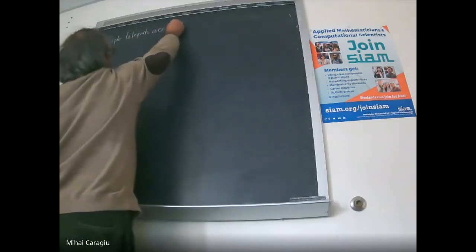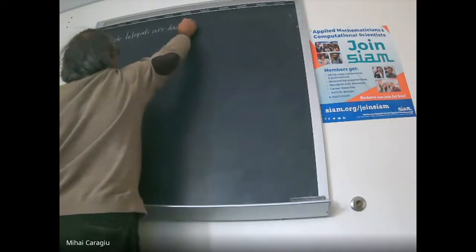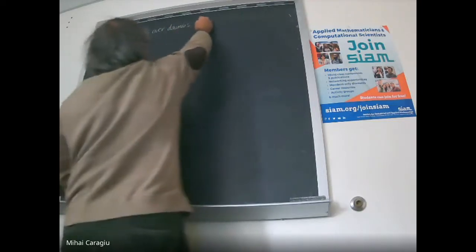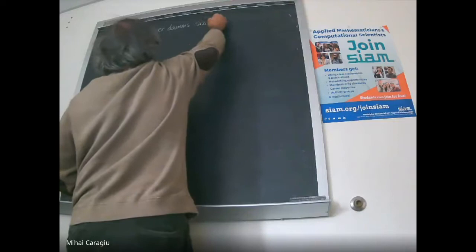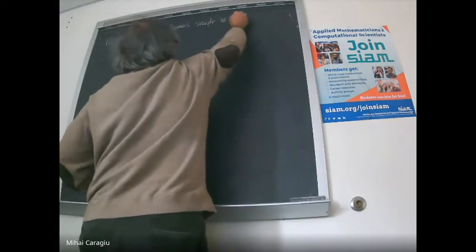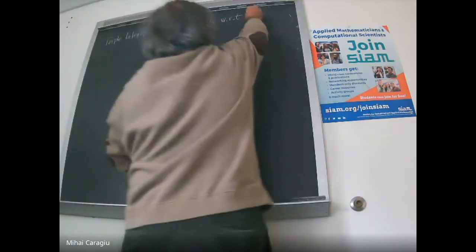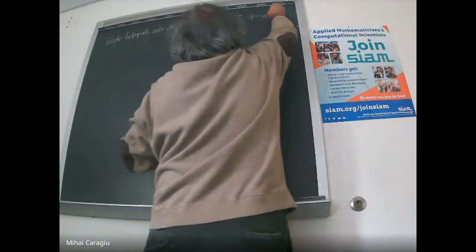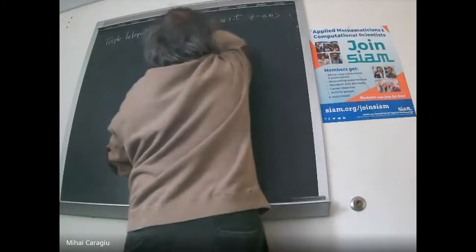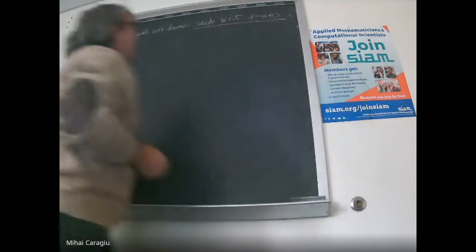Let's try to choose the z-axis. Triple integrals over domains simple with respect to the z-axis.